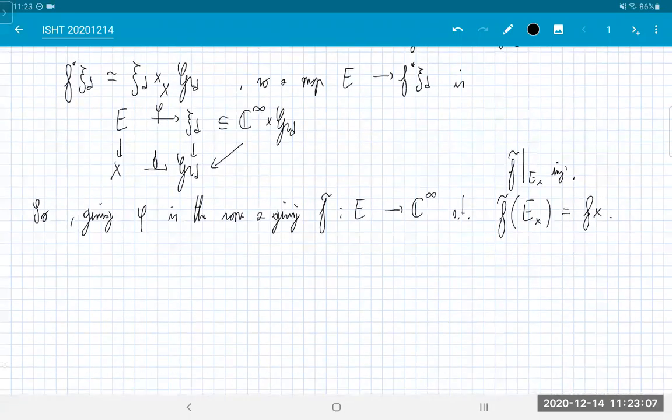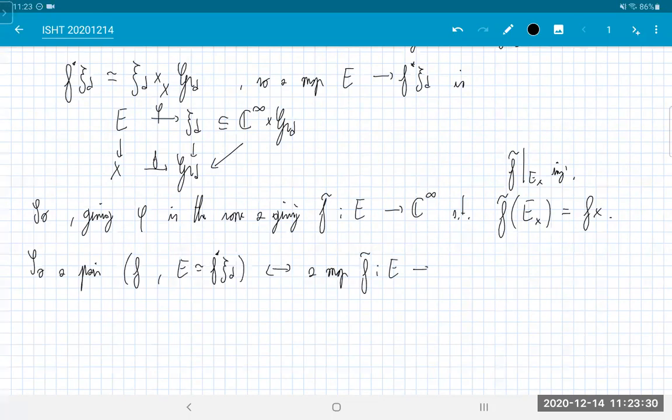So note that this in particular tells you that f tilde determines f. So a pair f and E psi d is the same thing as a map f tilde from E to C infinity, which is a C-linear embedding on each fiber.